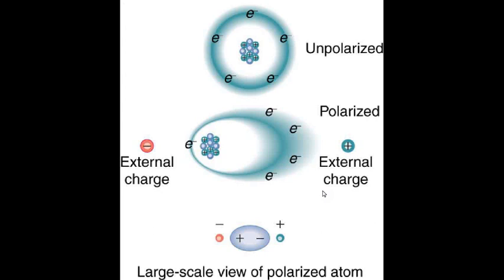But when we place that atom between two external charges, one negative and the other positive, the atom becomes polarized. One side becomes partially negative and the other side partially positive.